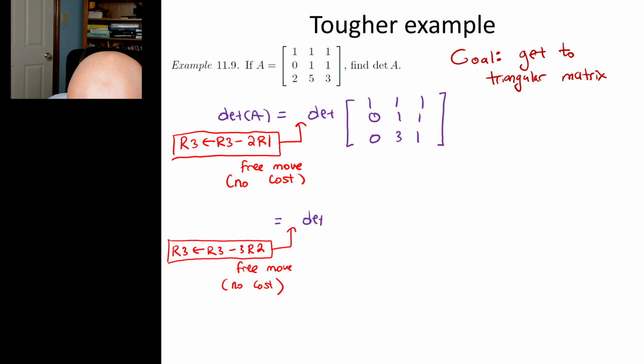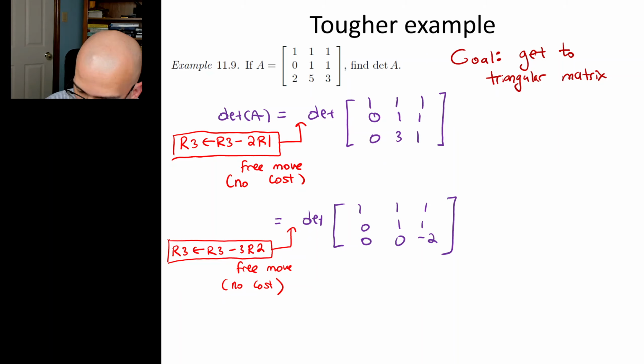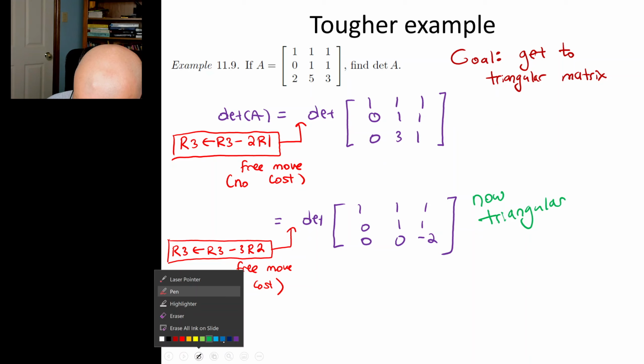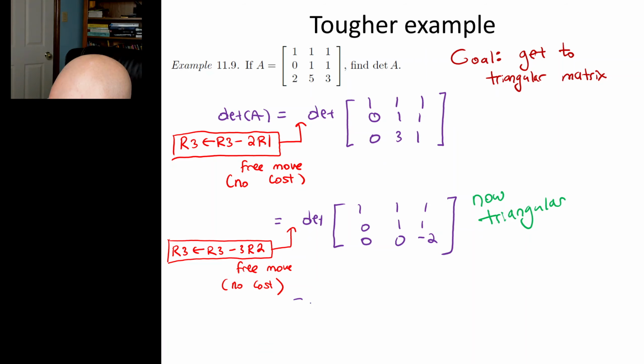No change to the determinant by making that modification of the matrix. 1, 1, 1, 0, 1, 1, and then 0, 0, 1 minus 3, which is -2. Now it's triangular. So we can say the determinant is 1 times 1 times -2, which is -2.